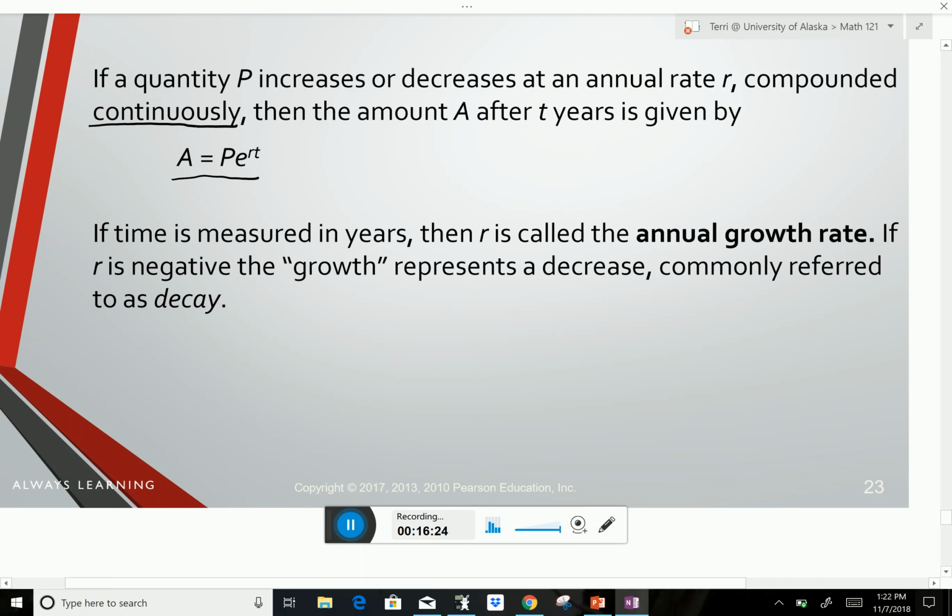If time is measured in years, R is called the annual growth rate. If R is negative, then it's not really growth, it's decay. Because if R is negative, then remember, instead of going this way, we're going this way.